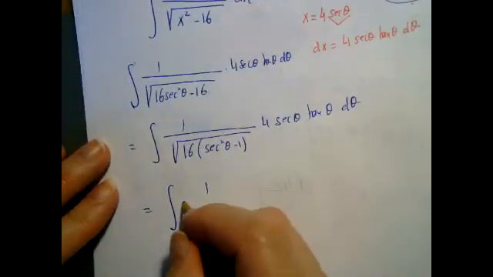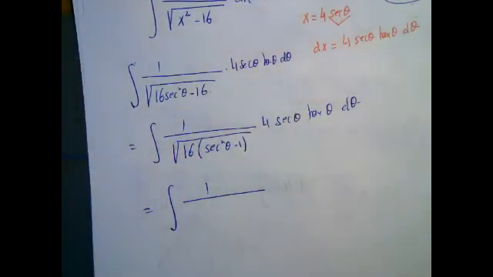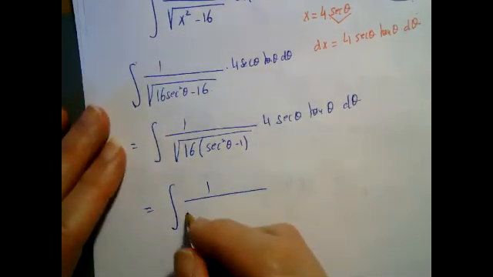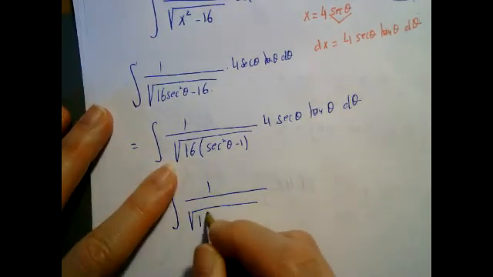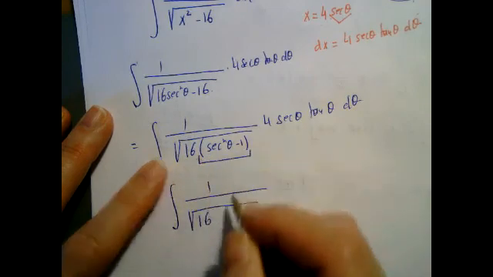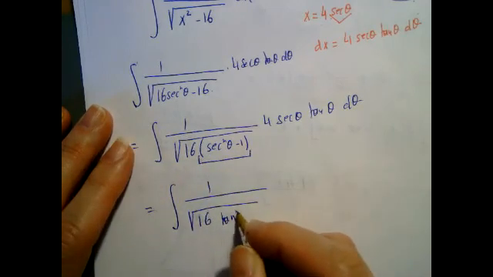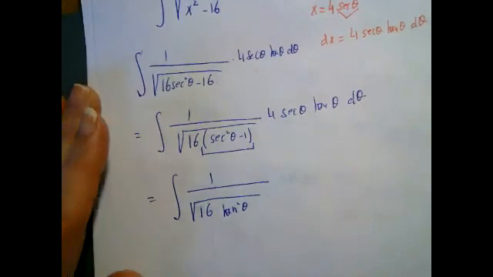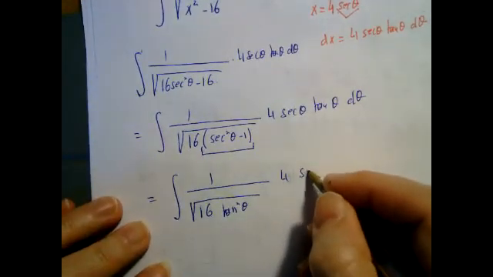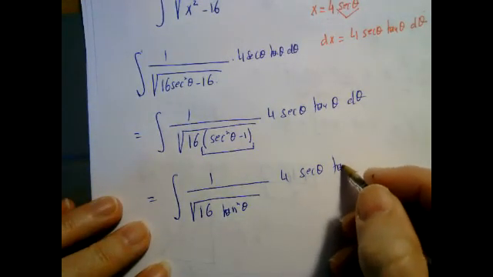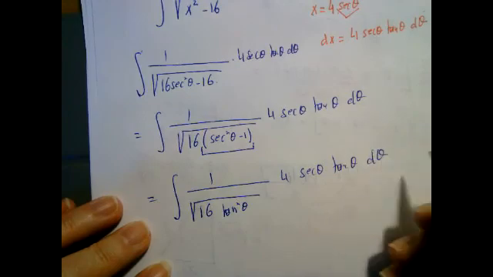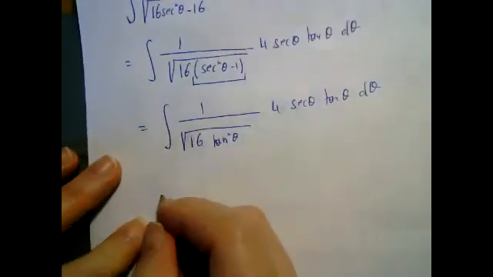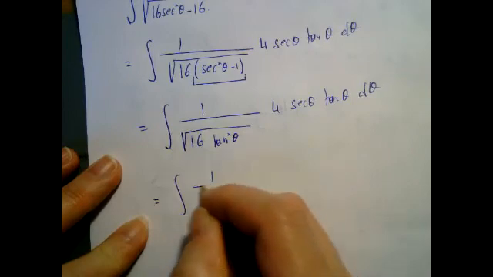And remember, my goal is to remove the square root, which is problematic. And this will give me secant. Now secant squared minus 1, that's the tangent. 4 secant tangent d theta. And now I do the simplification.